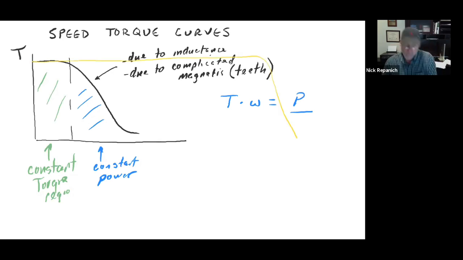It would be that big of a difference. During the constant torque region, we're limited by the current and getting rid of heat. But it doesn't have a complicated magnetic structure, and so it is way better throughout a much higher speed range than a stepper motor.